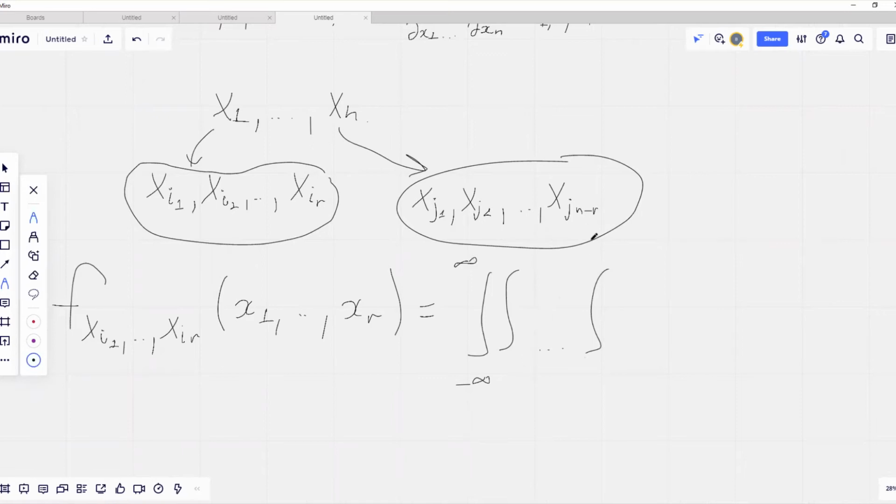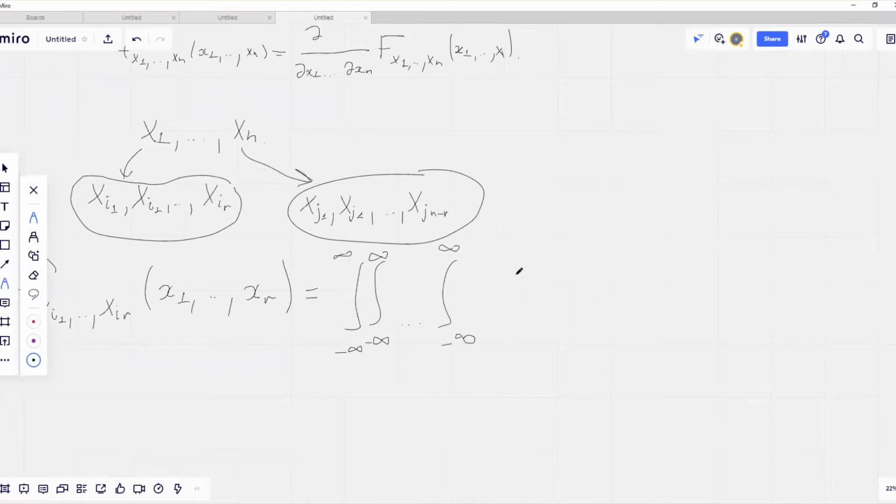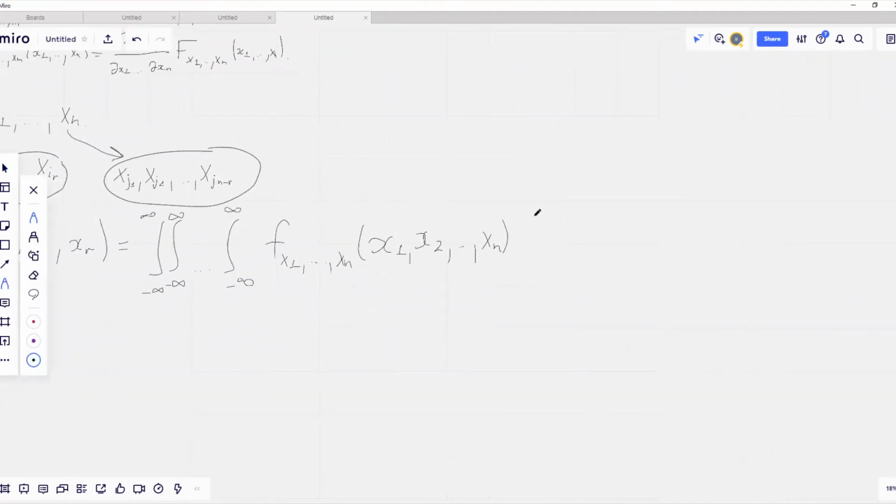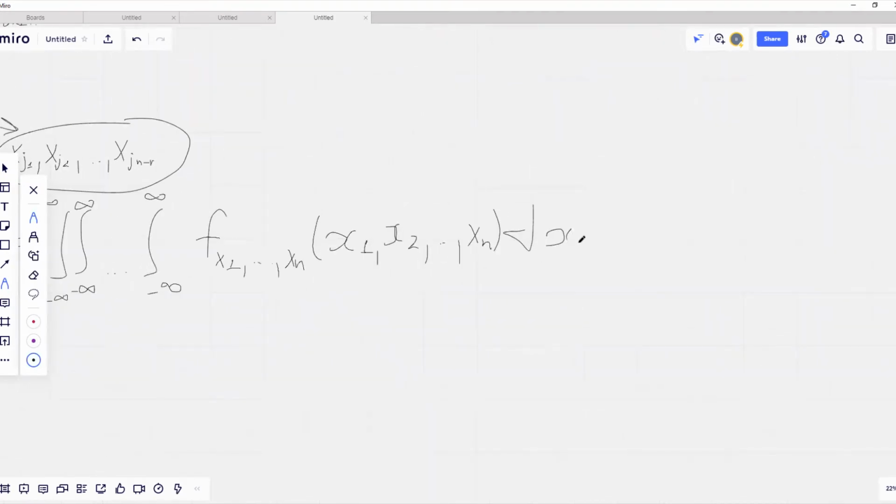So here we'll have n minus r integrals of the joint PDF of those n random variables, dxj1, dxj2, and so on, dxj(n-r).